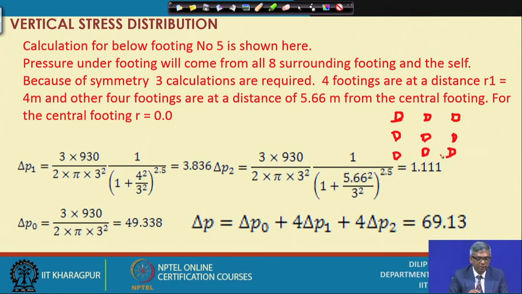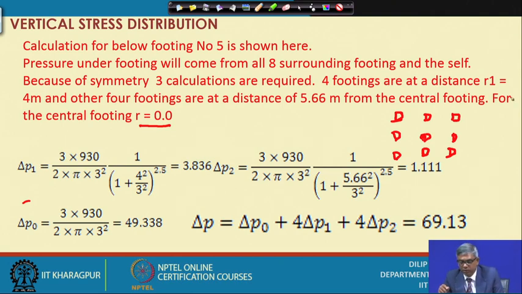So, 9 footings are there, and for the center footing r equal to 0. Suppose this is del p naught because of the self at this point, because of this footing only. Each footing load is applied.